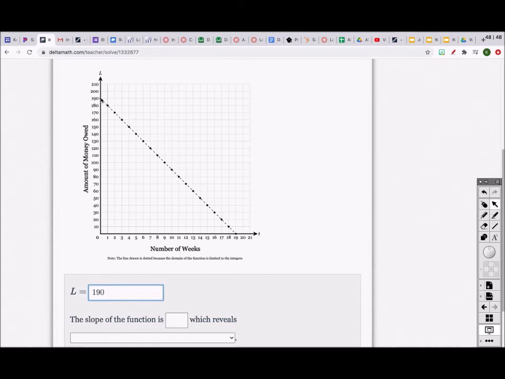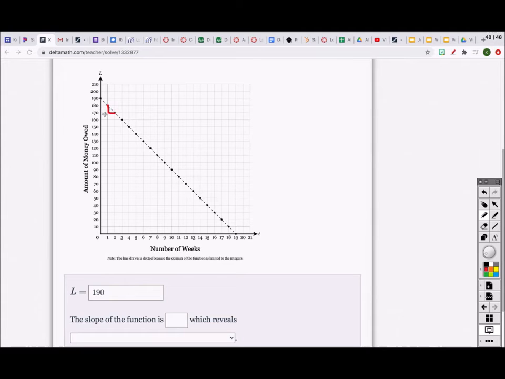Now, is this line going up or is this line going down? If it's going up, I want you to put a plus sign. If it's going down, I want you to put a minus sign. Pretty simple, right? Then you have to find the slope. As a reminder, we know many ways to find the slope, but you draw a line here and here.